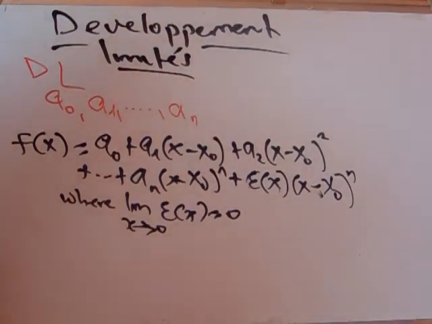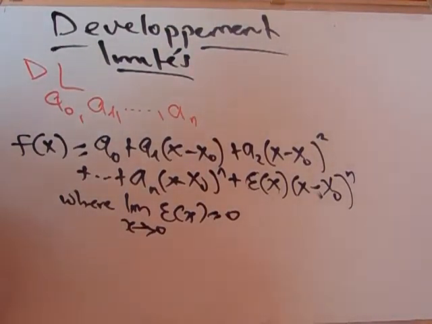So now the a0 plus a1 (x minus x0) looks kind of familiar. Maybe we would say a polynomial. Well, I'll just define the terms that we have here, all of them, so it will be clearer for us.